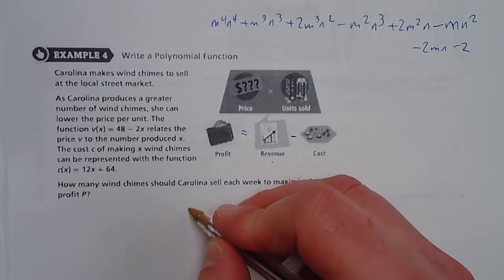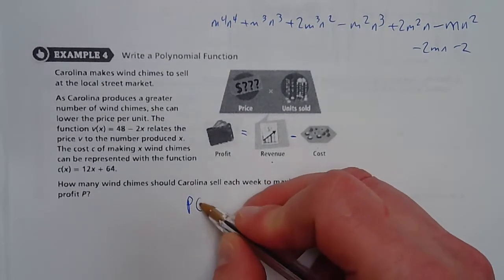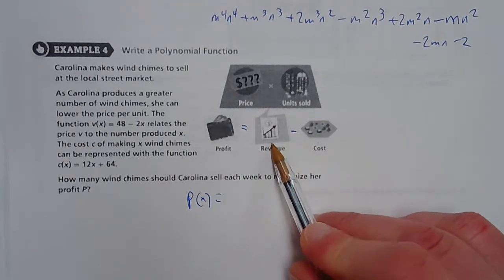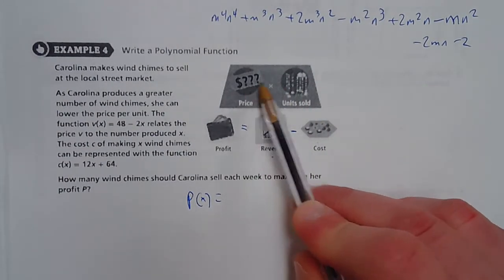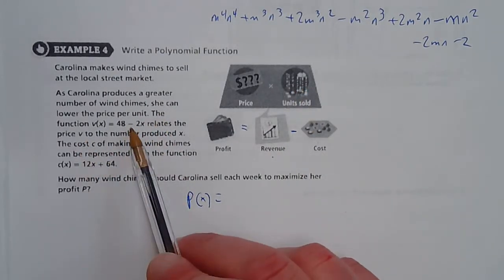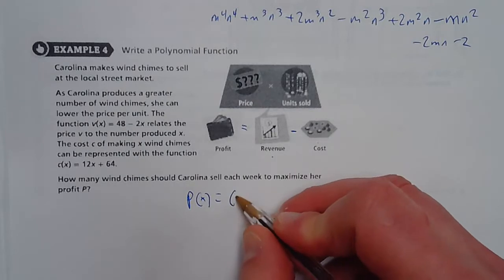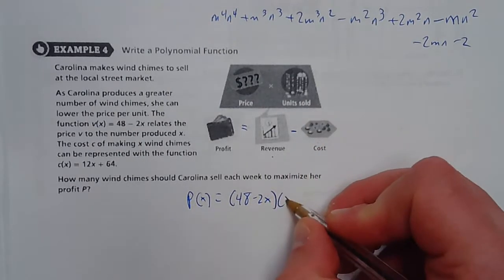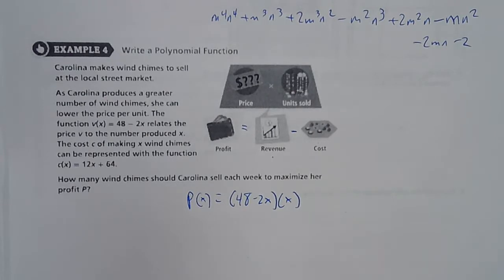So our profit, which I'm just going to call P, or we can call P of x, which would make the most sense, is going to be the revenue, which is the price of a unit times however many she sells. The price of a unit is this function, 48 minus 2x. And the number of units sold is x, because that's what they tell us. So she's selling x wind chimes.